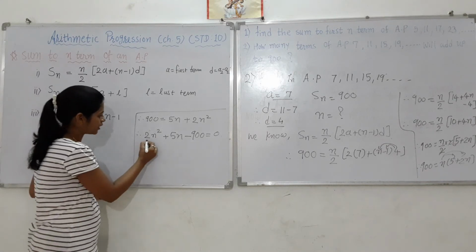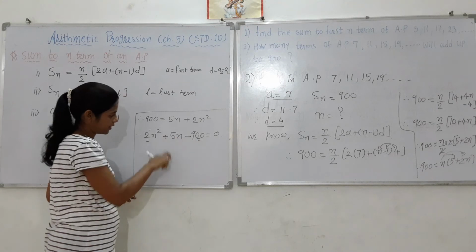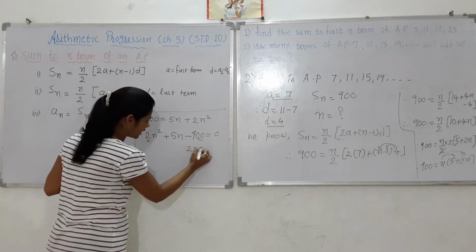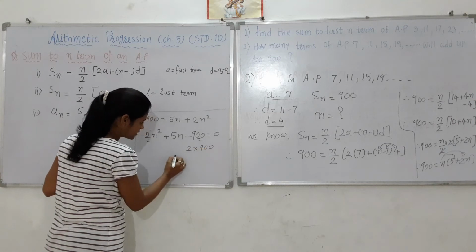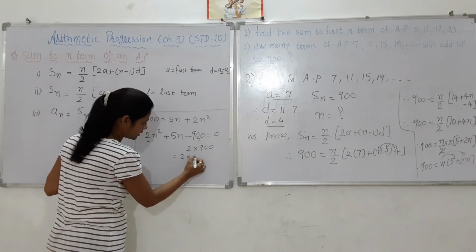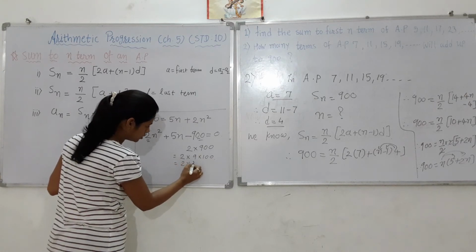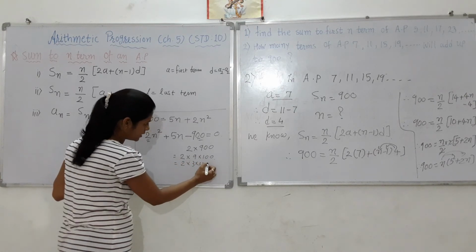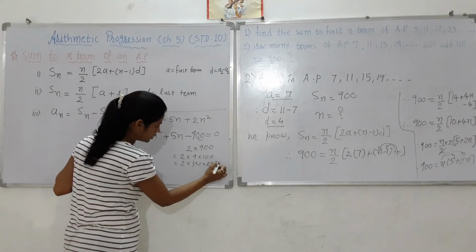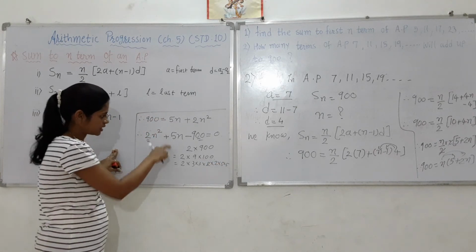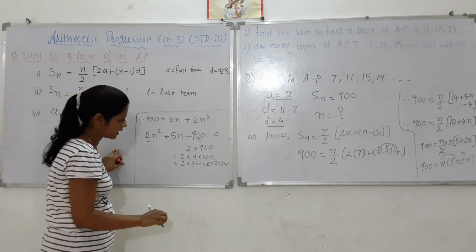So find the factors of 2 into 900 in the form of 5. Factorize it: 2 into 900 is 9 into 100. Again factorize: 9 is 3 into 3, 100 is 2 into 2 into 5 into 5. Now make pairs such that by their addition or subtraction you get 5.